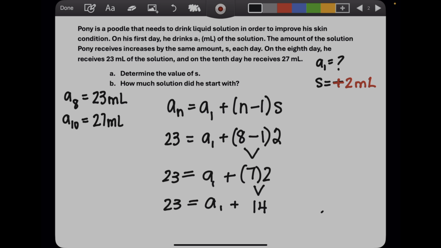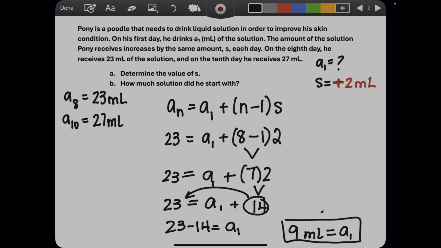And then we take this over here. Then we have that 23 minus 14 equals 9. So he started with 9 milliliters of solution. So our a sub 1 equals 9 milliliters. And that's pretty much it.